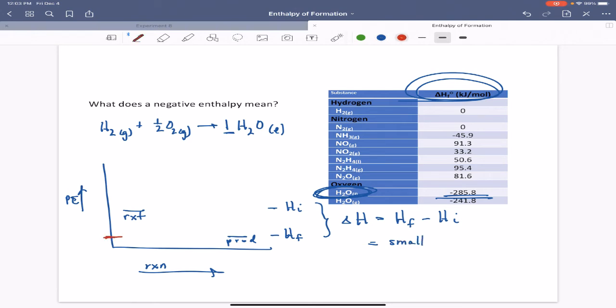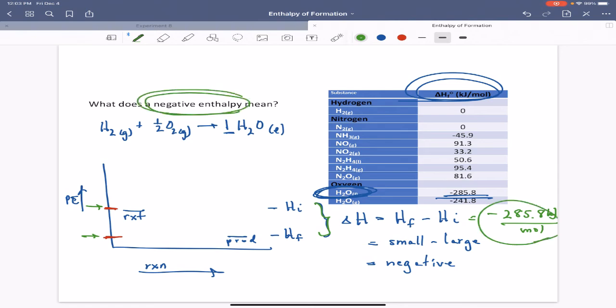If final is lower than initial, we get a negative number. What are these actual numbers? I don't know, but I do know that the difference is negative 285.8 kilojoules for every mole.